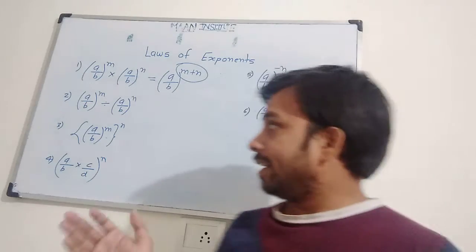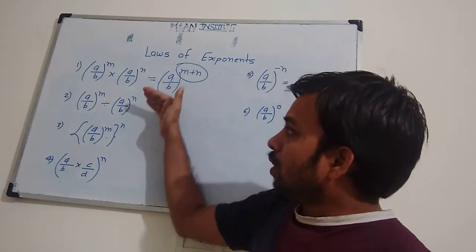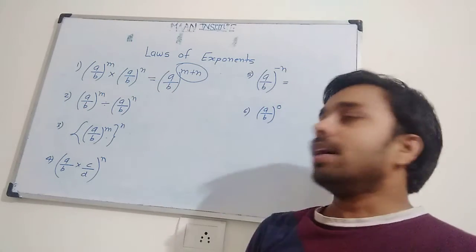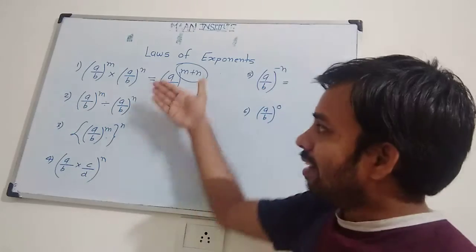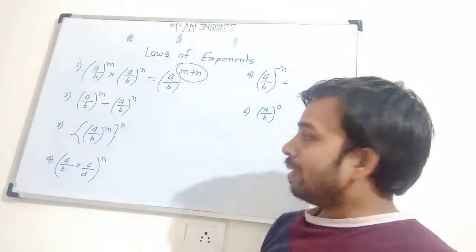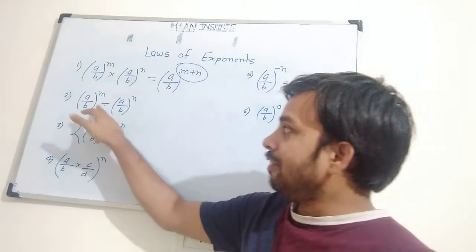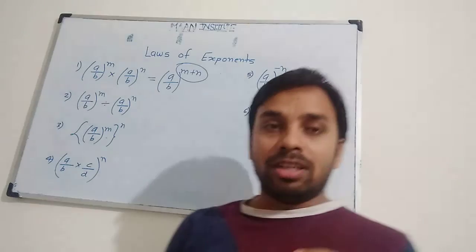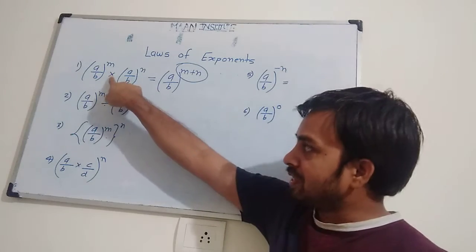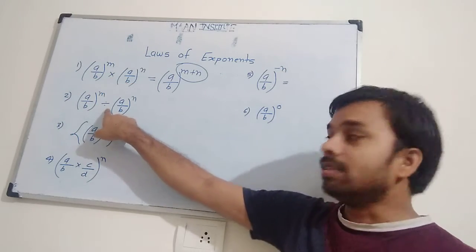Now time for the second law. Look again. Here it is. If you observe, the first and second laws look the same, right? But the difference is that there is a division sign. In the first law there was multiplication, but in the second there is a division sign.